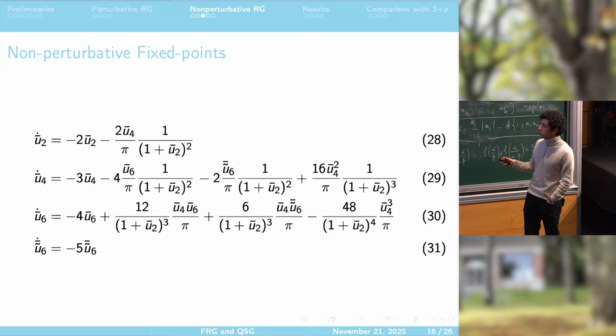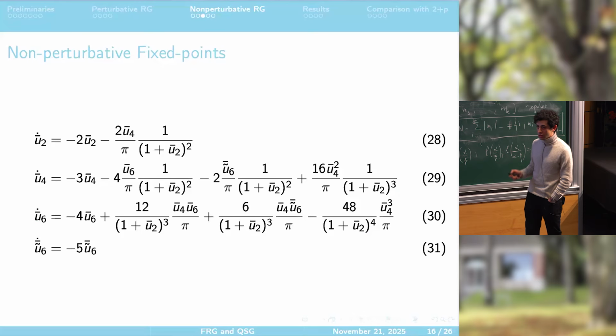So the flow equations are almost similar to the perturbative ones. The only difference is this full propagator here that comes from the effective mass, basically, that we consider.